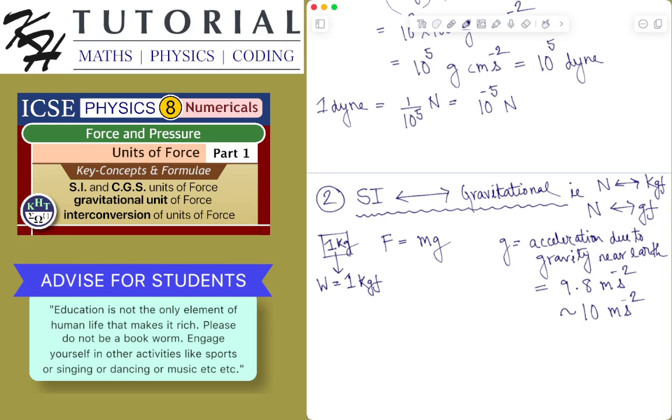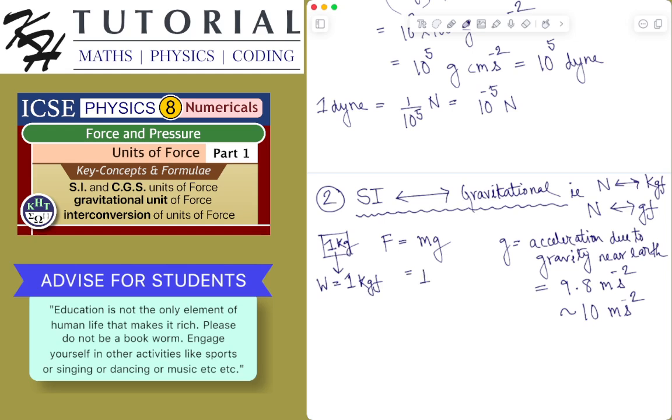We know that 1 kgf is the force of gravity that is acting on a body of mass 1 kilogram. Also, we know that the force of gravity is mg.